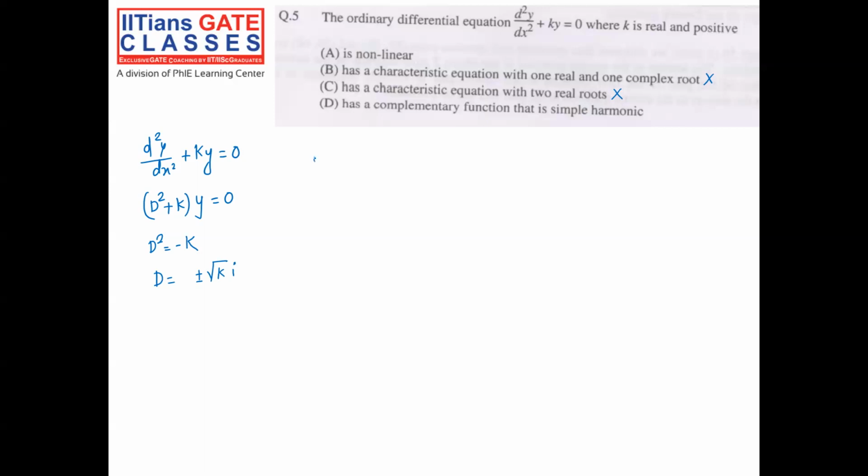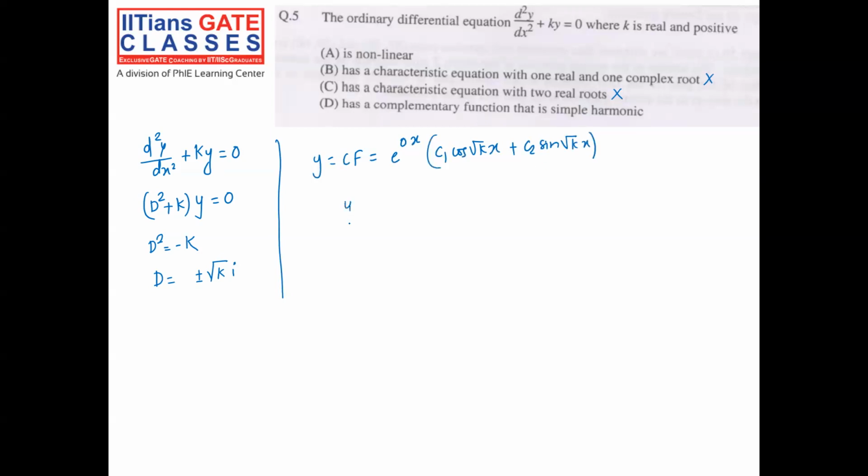So the total solution itself is the complementary function in this case. And that will be e to the power 0x times c1 cos of root kx plus c2 sine of root kx.